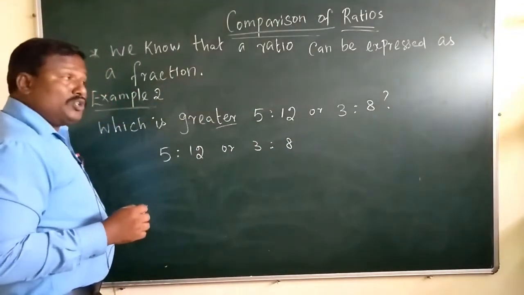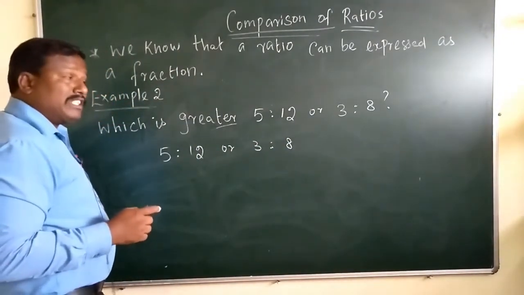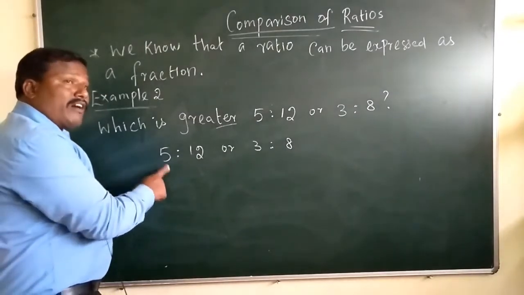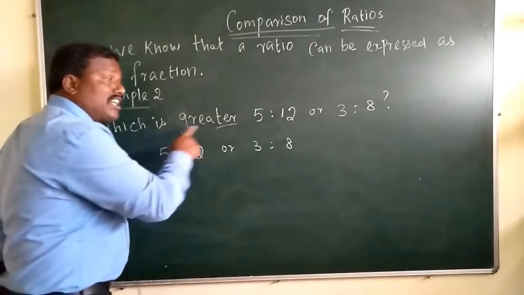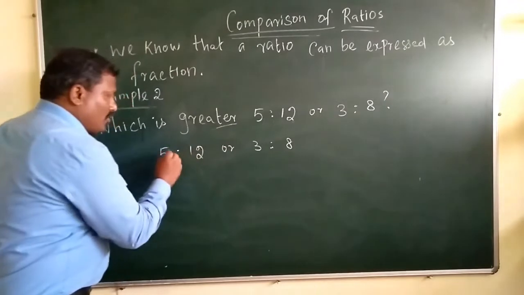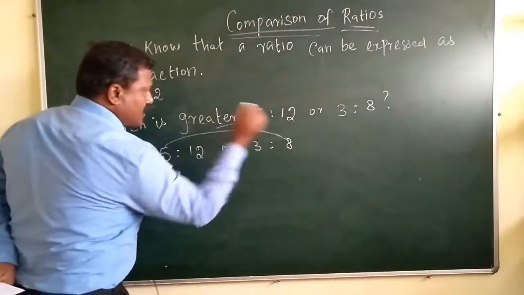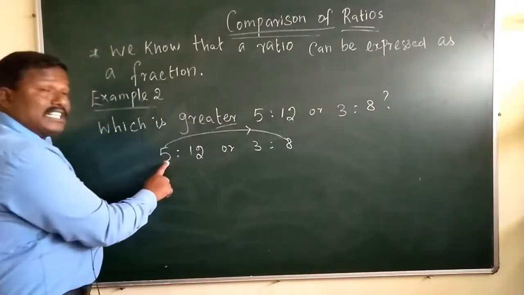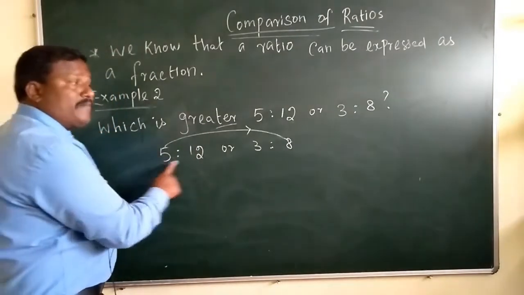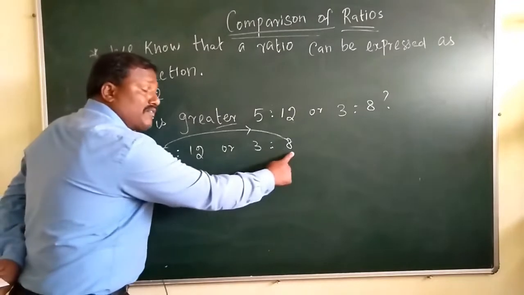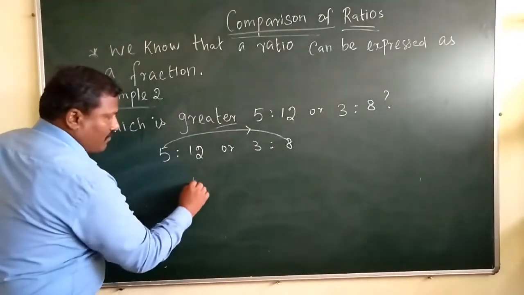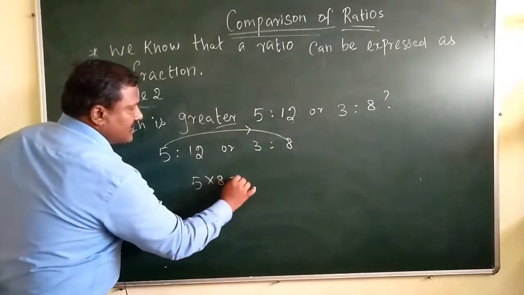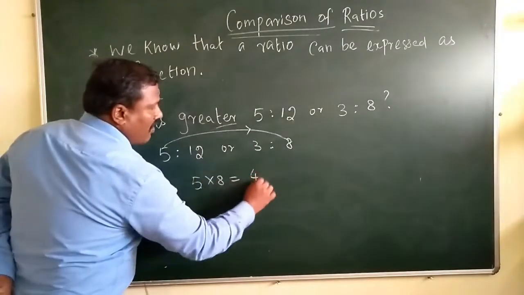Second step, you have to multiply the first term of the first ratio with the second term of the second ratio. So 5 into 8 is equal to 5 8s are 40.